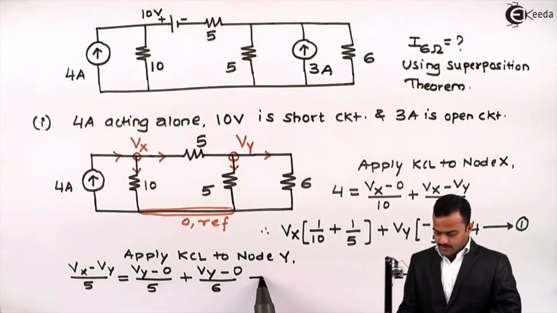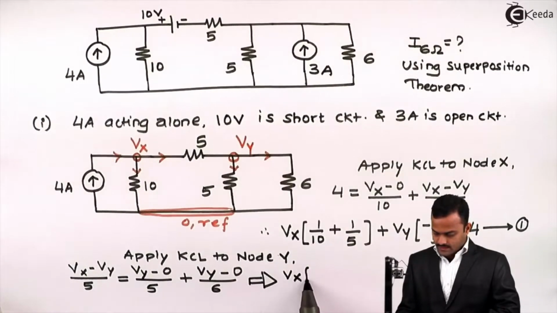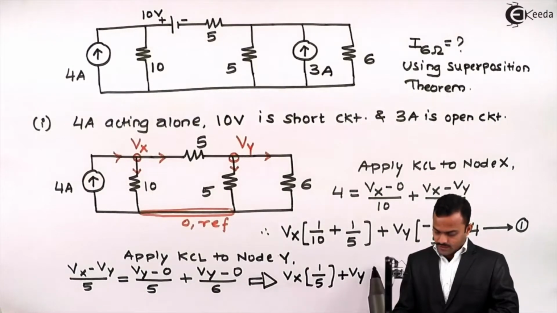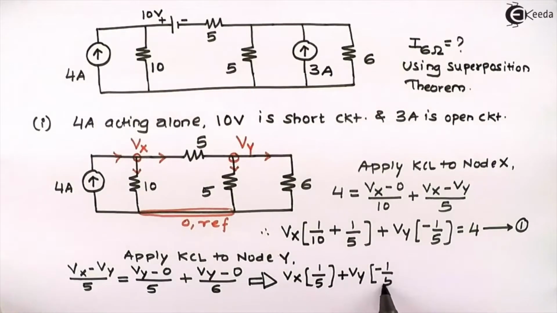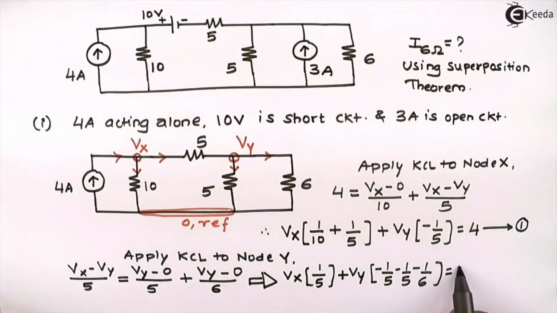I can simplify this equation. After simplifying, it will be Vx(1/5) + Vy(-1/5 - 1/5 - 1/6) = 0. Equation number 2.